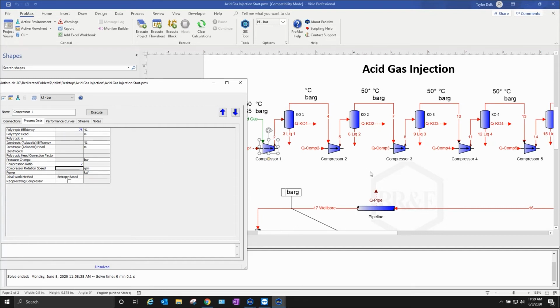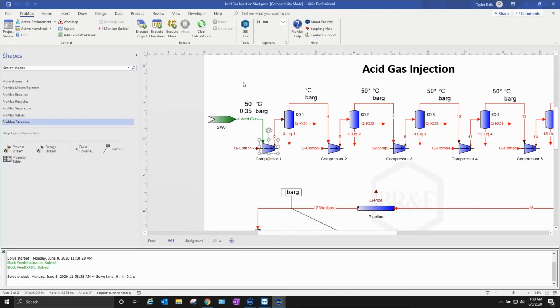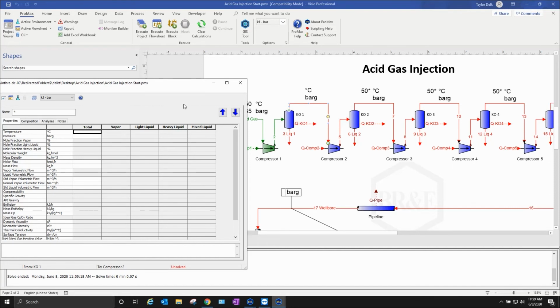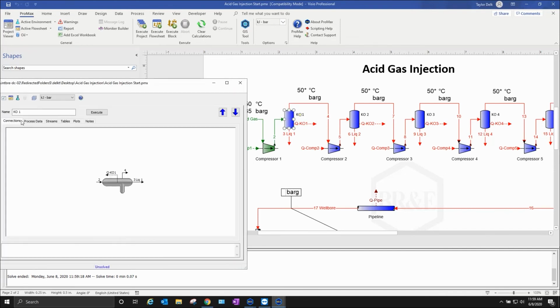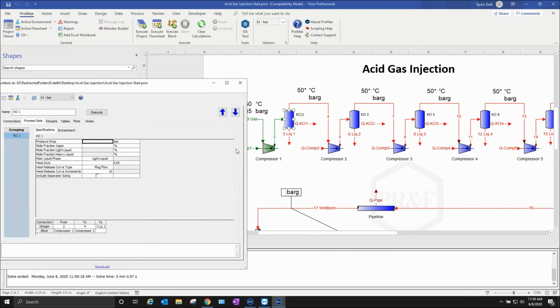So we can start with that and see what that gives us. Okay, so we're fully defined here. You can see we got quite a bit hotter, and now we're going to be doing that cooling down and dropping out of that water. So we'll go with 50 degrees here. And we'll put a pressure drop in here of 0 bar.